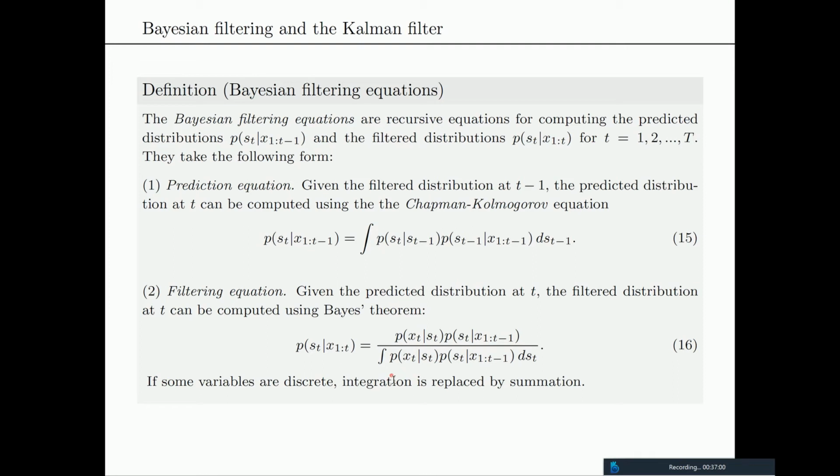The nice thing about stating the Kalman filter and these general Bayesian filtering equations is that they of course apply in the same way to hidden Markov models, where these distributions are all discrete. They then look different, and has anyone studied hidden Markov models?